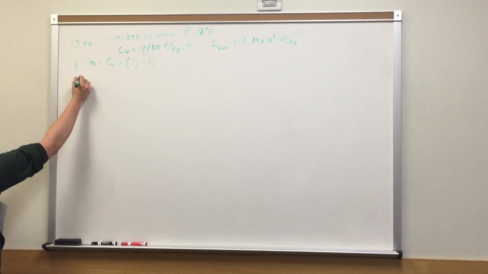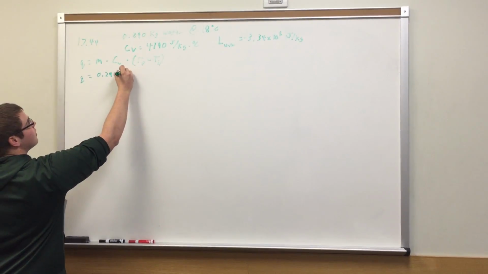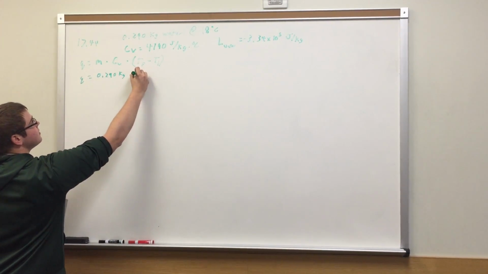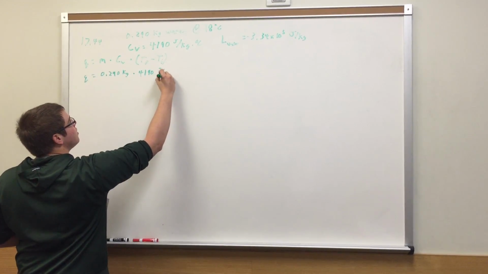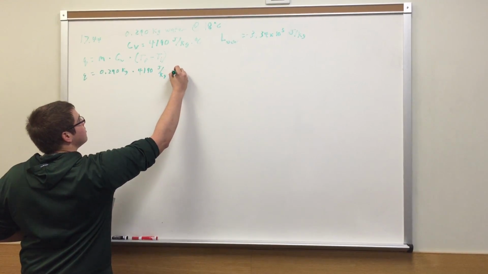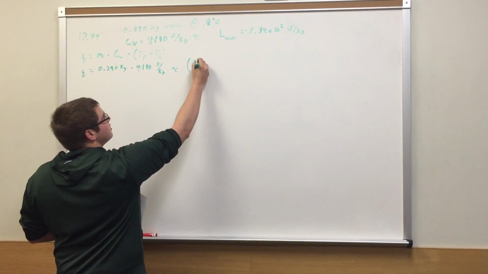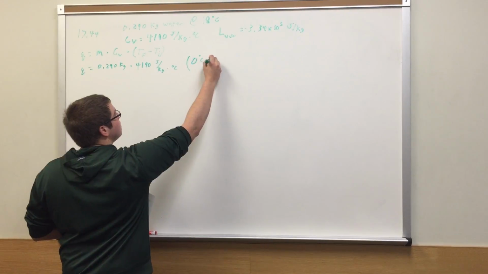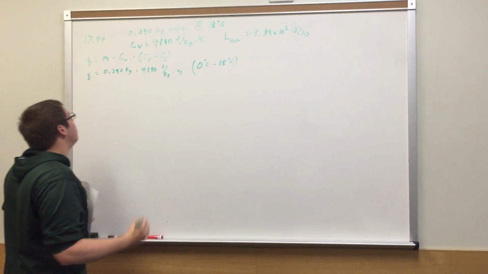And we get Q equals 0.29 kilograms times 4,190 joules per kilogram times degrees Celsius times our final temperature, which is 0 degrees Celsius, minus 18 degrees Celsius.